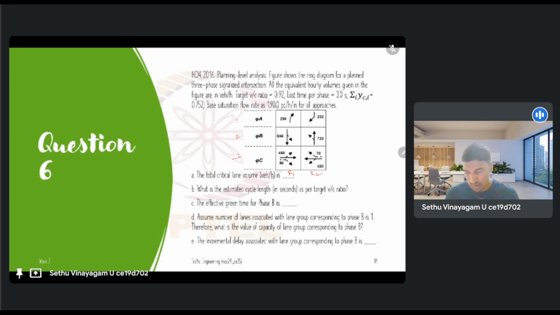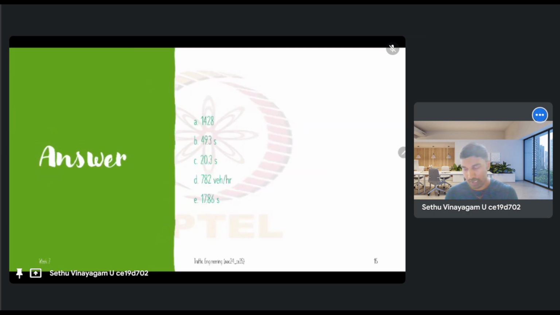First, we have to find the total critical lane volume. So how do we do that? The answer is 1428. How do we get it? For phase A, in ring 1 and ring 2, according to the figure, we have 258 as the flow and 232 as the flow for the movement controlled by ring 2.